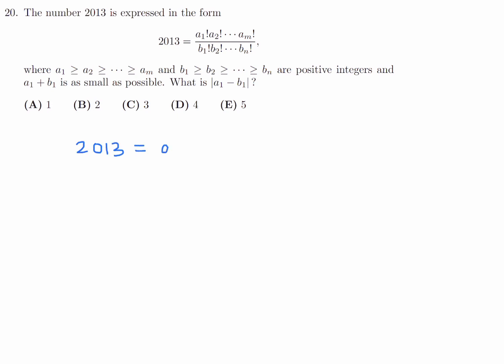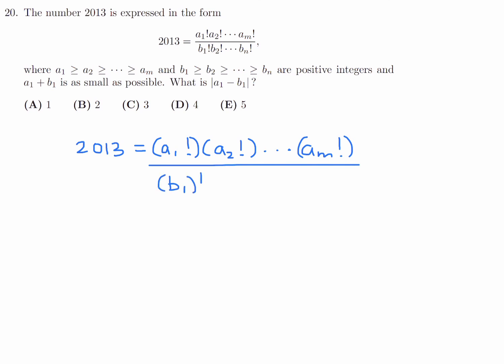2013 is equal to a1 factorial times a2 factorial, and so on, right? All the way to some m factorial, am factorial. And that's all divided by b1 factorial times b2 factorial, and dot dot dot all the way until you get to bn factorial.